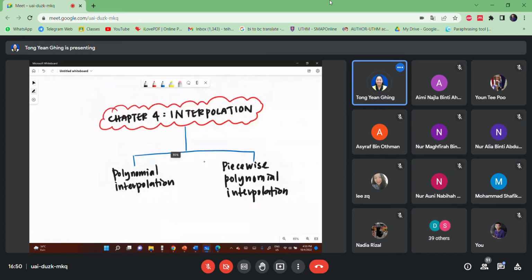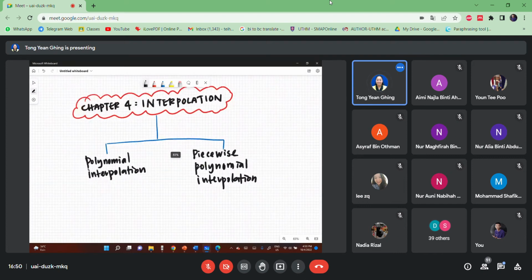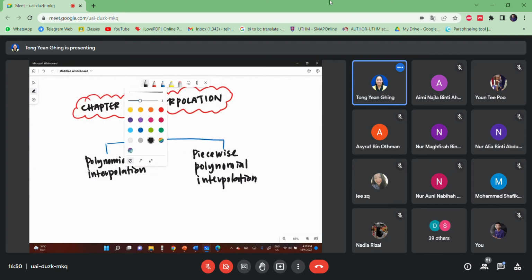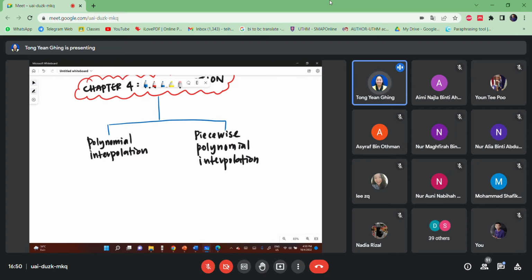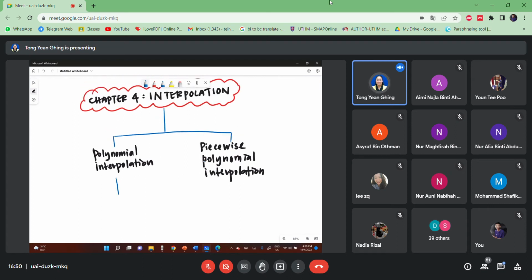Okay, kita bahas. And for this polynomial, basically they have two methods.